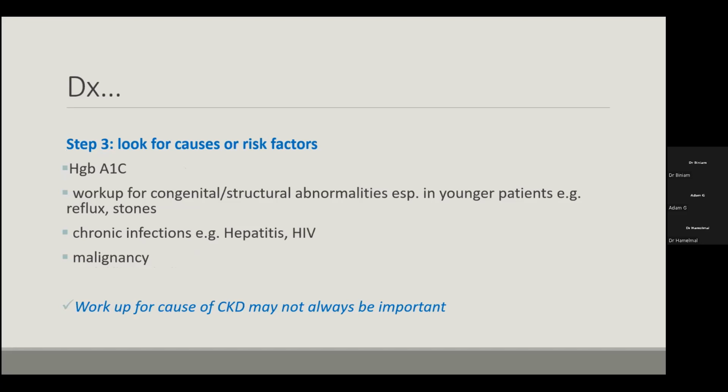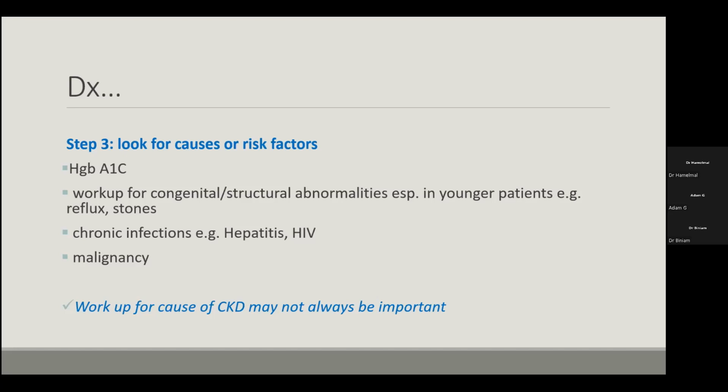We have to control the diabetes aggressively, diagnose and treat diabetes, and look for other complications. So hemoglobin A1C should be done in all patients with CKD. Look for congenital abnormalities in younger patients, for example, reflux. Relieving obstruction if there is any, and treating structural abnormalities, may prevent further kidney damage.